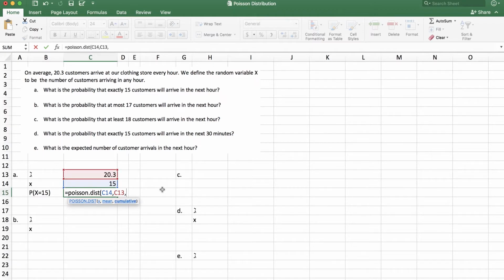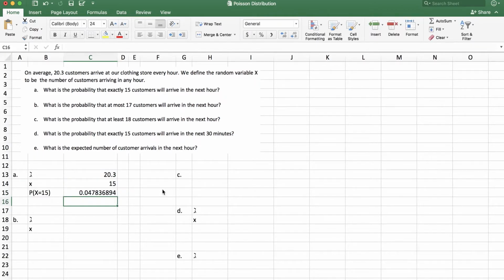I need to answer if this is a cumulative probability or not, and since I'm looking at exactly 15, this is not cumulative. So I'm going to respond false, and that gives me the answer I'm looking for, which is 0.047.